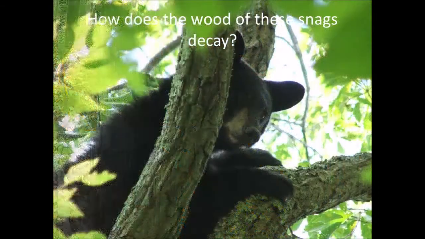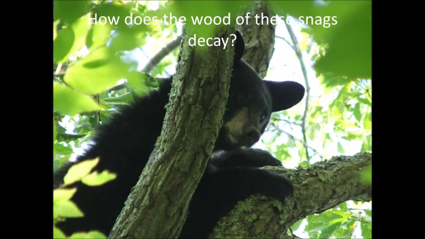And animals such as bears might also contribute to the process of decay or decomposition of tree trunks and snags by breaking open the tree stumps or snags so that they can get to the various insect larvae that they might want to feed on.